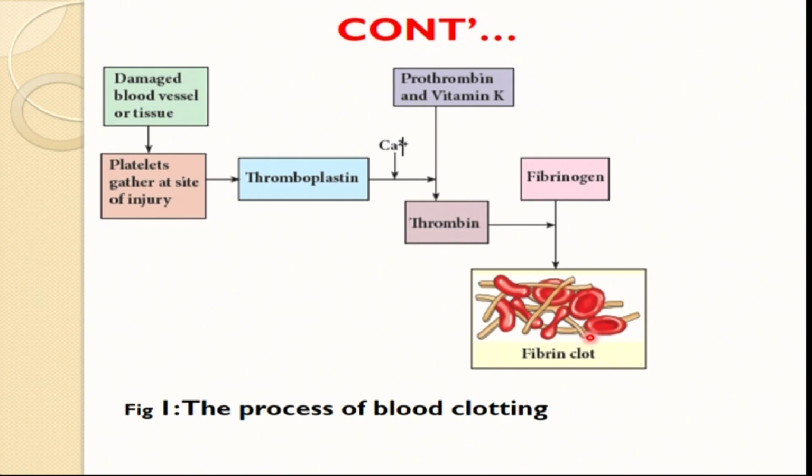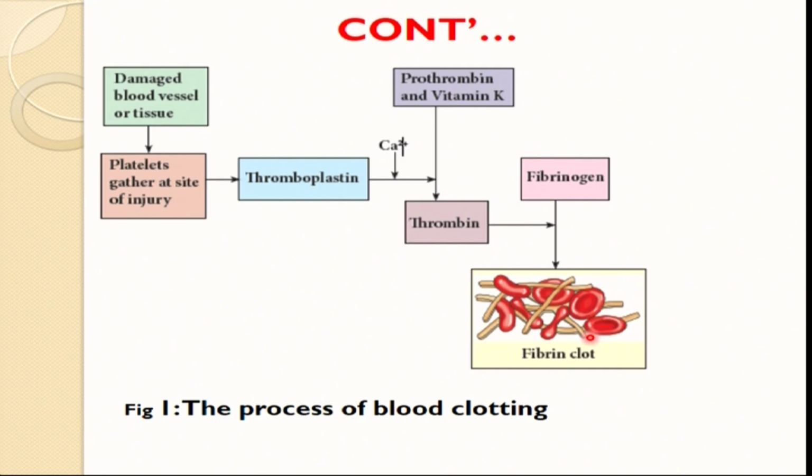Once thromboplastin is released, it also triggers the release of the calcium ions, which activate some enzymes involved in the production of prothrombin and even vitamin K. So the production of prothrombin and vitamin K is a result of the release of calcium ion, meaning that in the absence of calcium ions, prothrombin and vitamin K will not be released.